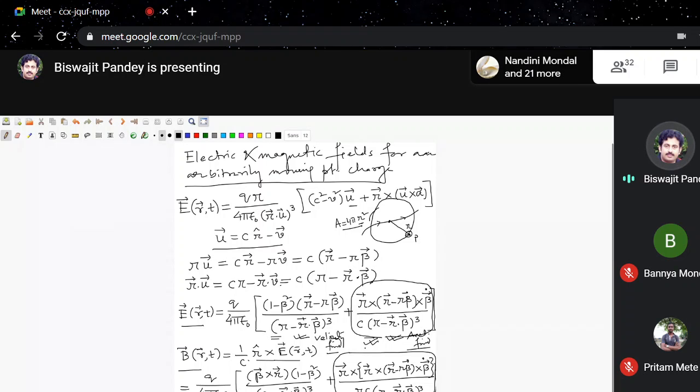Another thing I forgot to mention: suppose the charge is not moving at all. Then it's a static case, right? So velocity is zero. You can see that all these terms will be zero.